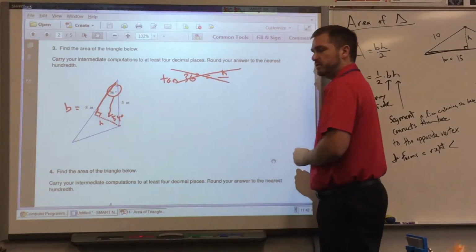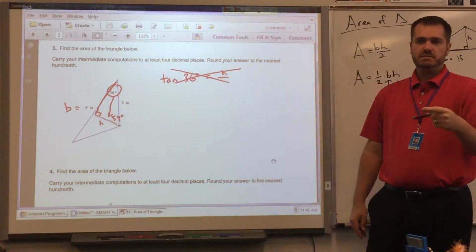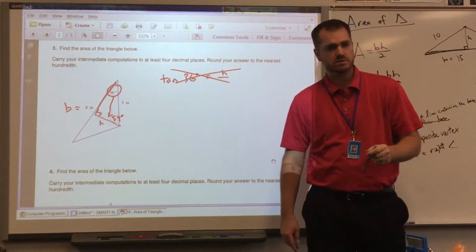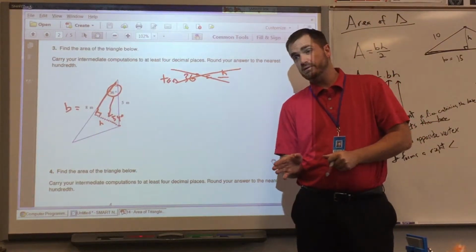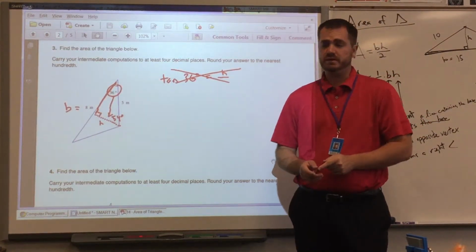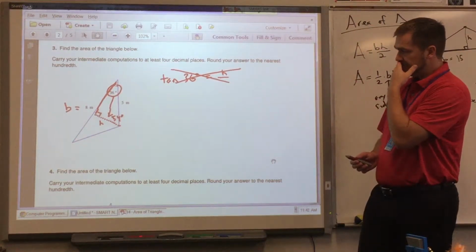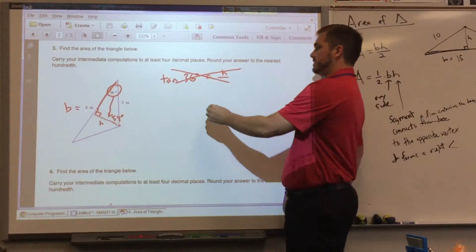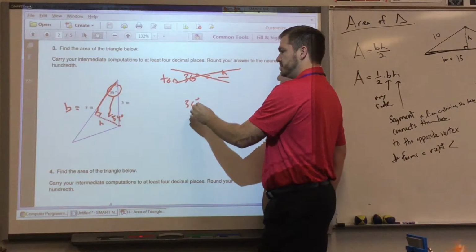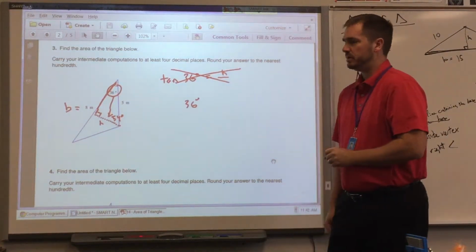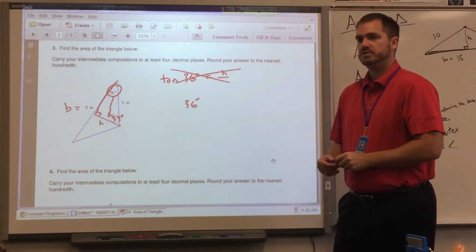It is not. No. The only time you're guaranteed that the height bisects the base is in an isosceles triangle, which is also equilateral, by our definition. But anyway, tangent 36, I do like the 36 degrees, but I don't think tangent's the way to go here. Somebody else have another trig ratio they want to try?